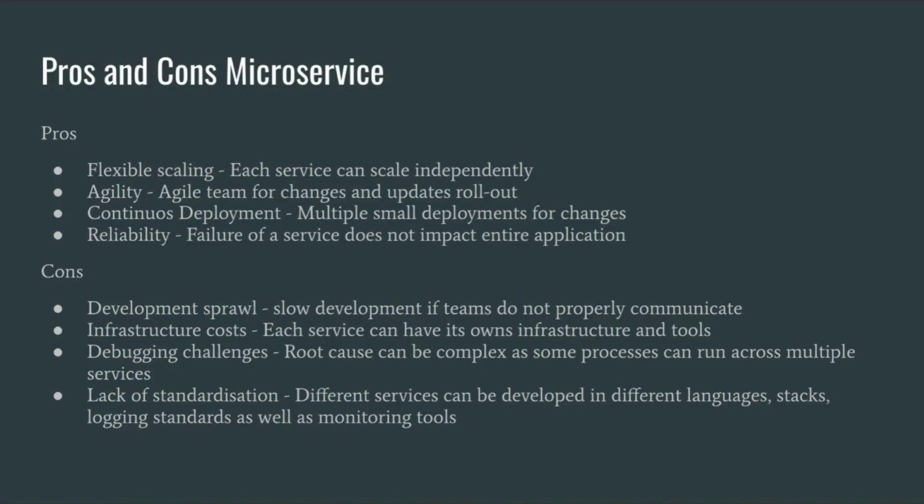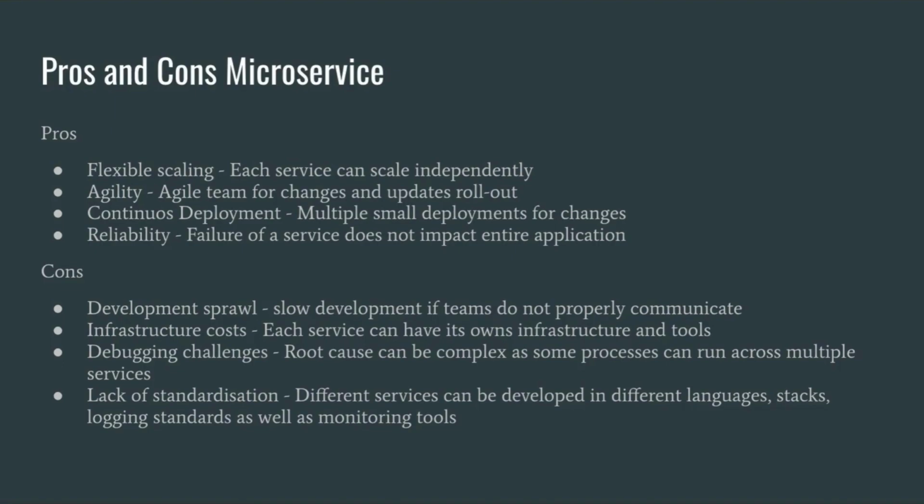So the entire system will still be intact, even though that particular service might be affected on its own as a single unit. And basically, those are the pros that we have in the microservice architecture.